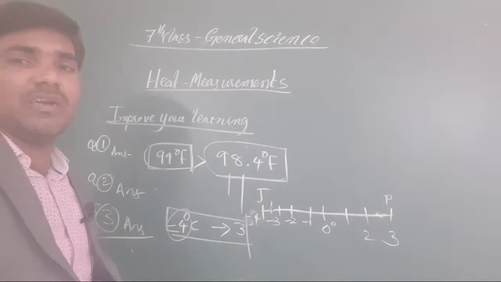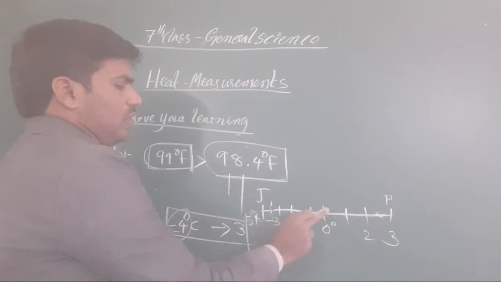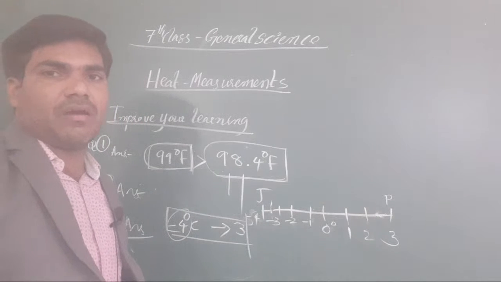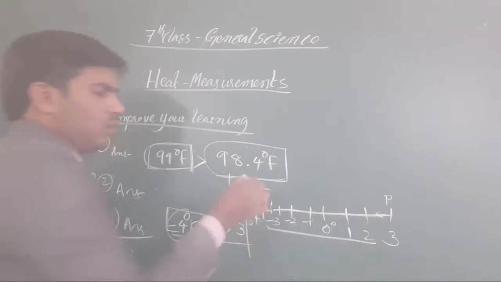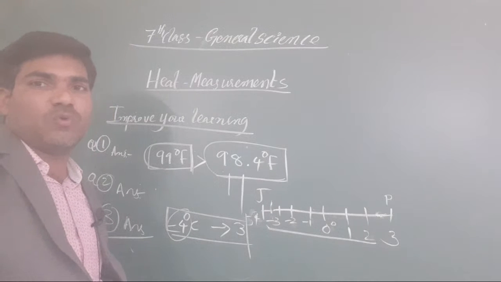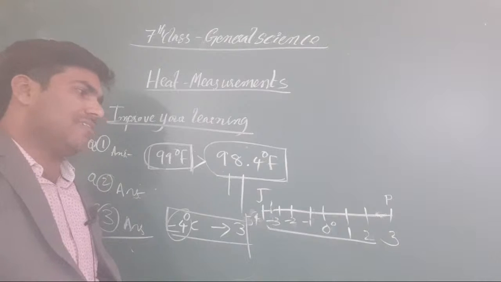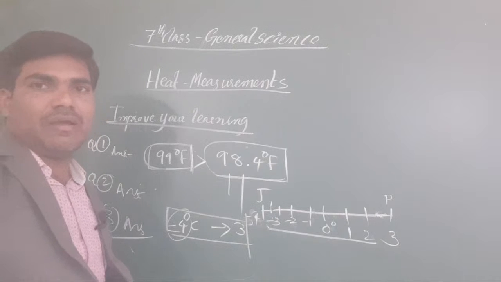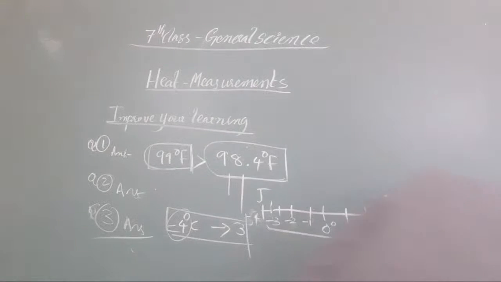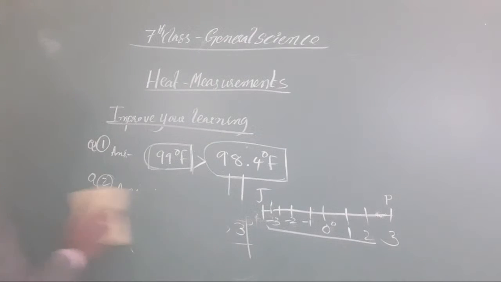Count: 1, 2, 3, 4, 5, 6, 7 degrees here. Got it or not? The difference between these two temperatures is 7 degrees centigrade. From minus 4 to plus 3, it is a 7 degree difference. Now we are going to the next concept. These are the third answer.